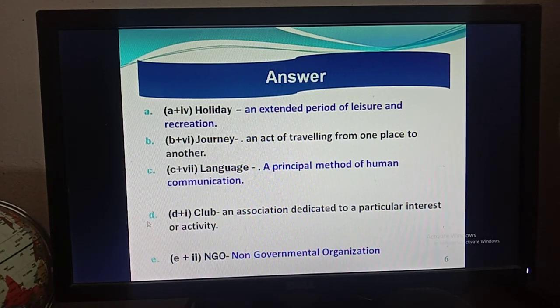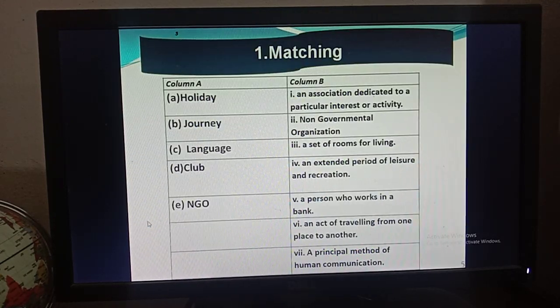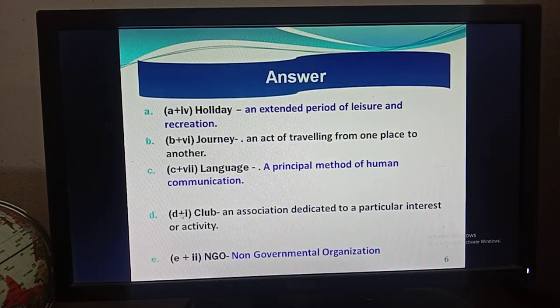Then D goes for club. Club, an association dedicated to a particular interest or activity. That's why you will write like this: D plus Roman number 1, then the main word club, then the meaning of the word, an association dedicated to a particular interest or activity.